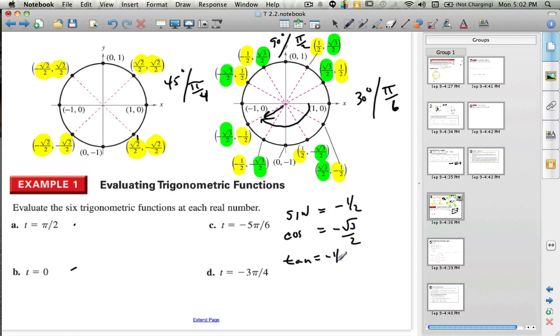So if I have negative 1/2 divided by negative radical 3 over 2, I would invert this and multiply, right? And the 2's will cancel. I'll get a positive number. I'll get 1 over radical 3. And then when I simplify this, this is going to become radical 3 over 3, and this is my tangent.